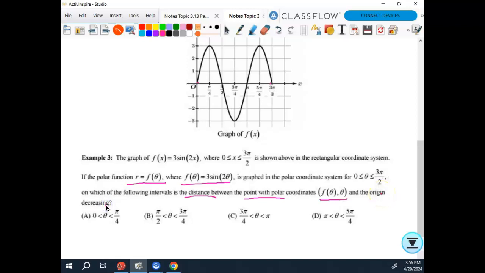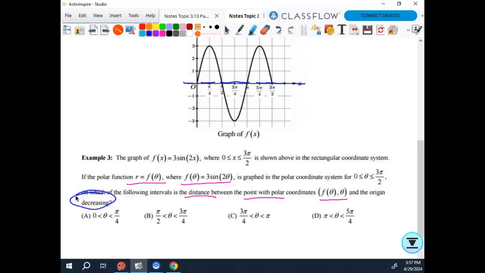I don't have the polar graph, and I don't care. What that is asking me is on what interval is the distance from this function that I see to this line decreasing.